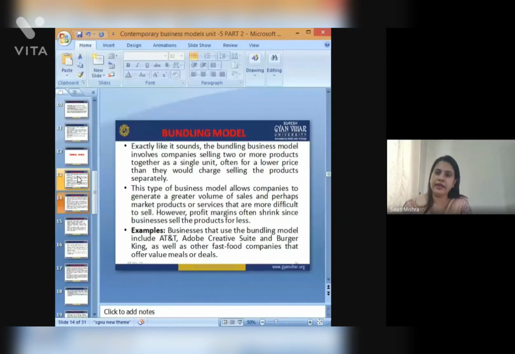After that, the next type of business model that I want to discuss with you is the bundling model. So now, what is this bundling model? It is just like the way it sounds. The bundling business model actually involves companies selling two or more products together in a bundled package as a single unit, right?